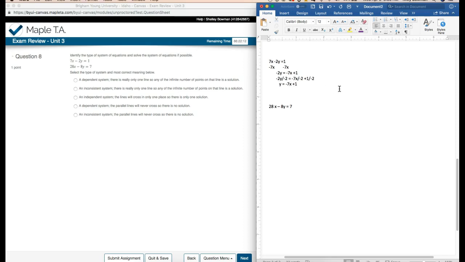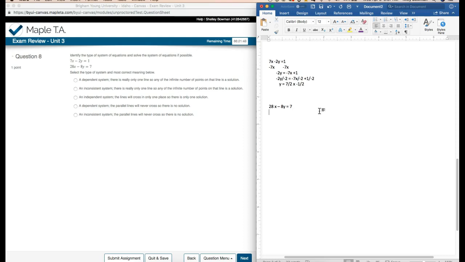Negative 7x divided by negative 2 makes it a positive 7 halves x. And positive 1 divided by negative 2 gives me a negative 1 half. So now we know that I have a line with a y-intercept at negative 1 half and a slope of positive 7 halves.